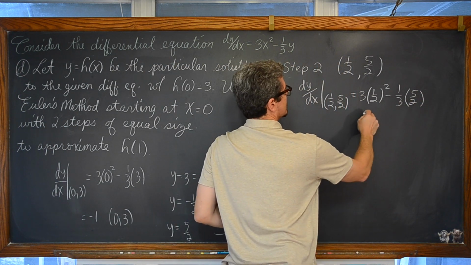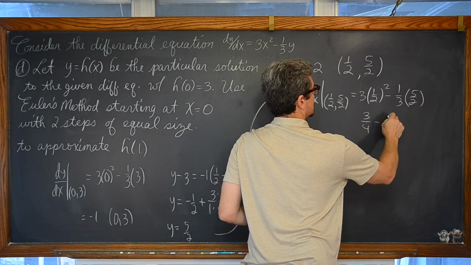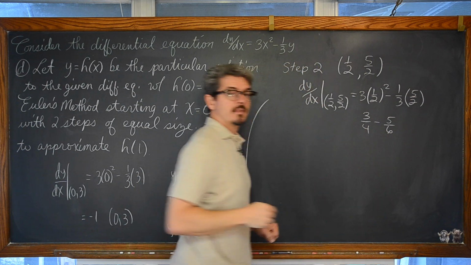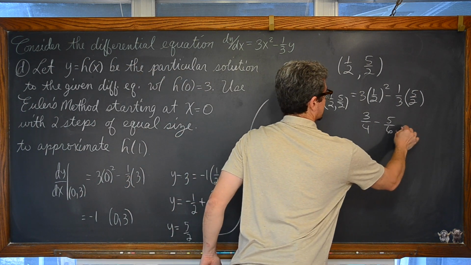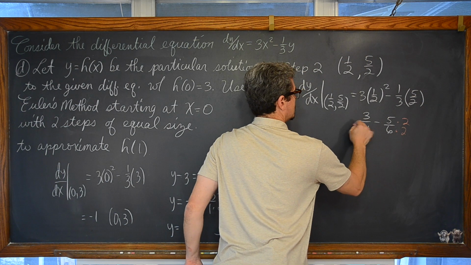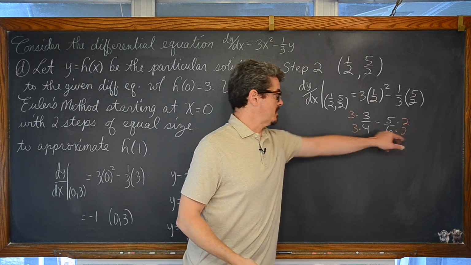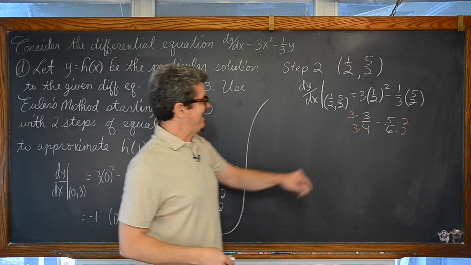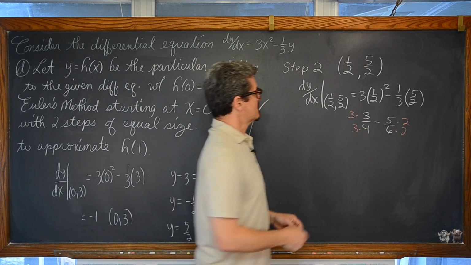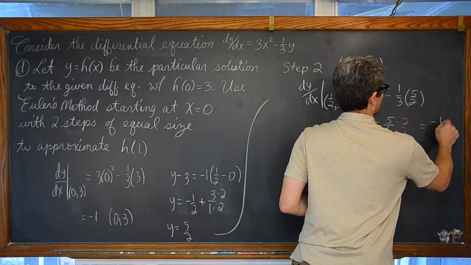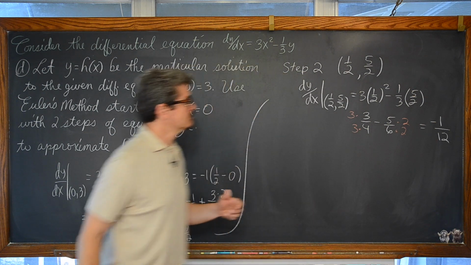We're looking at 3/4 minus 5/6. We need a common denominator, so we're going to multiply by 2 and by 3, but 2 over 2 is 1 and 3 over 3 is 1. So we have what? 9 minus 10, so -1 over 12.